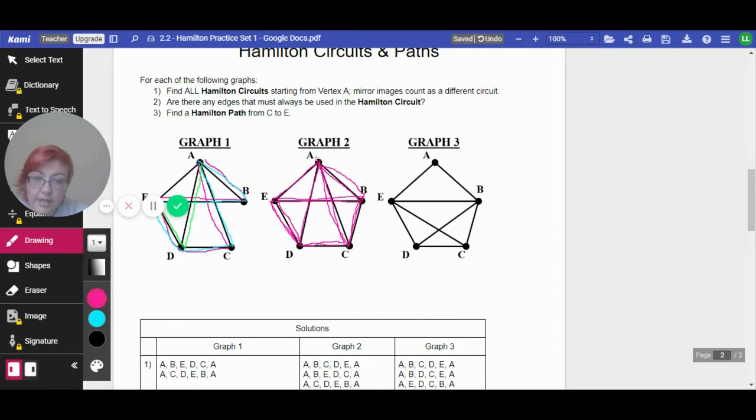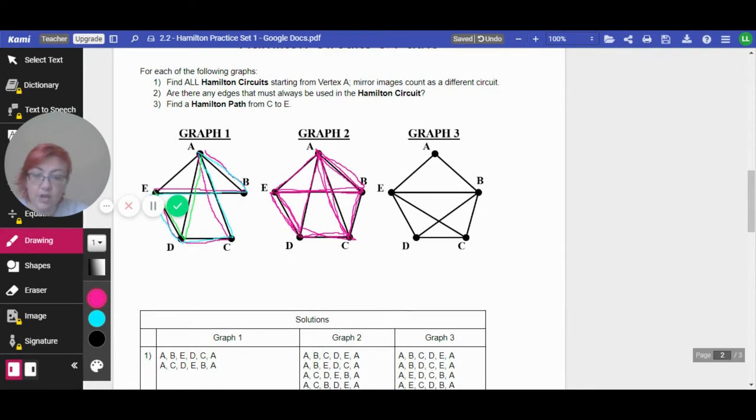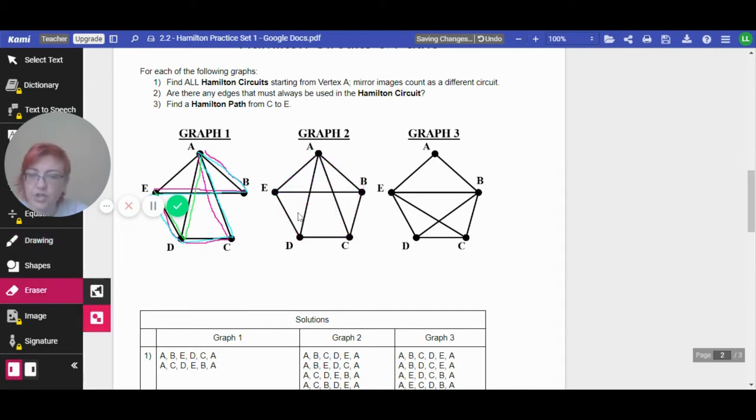And then A, B, E, D, C, A. That'll work. So we've got the two that go A, B, and there's two that go A, C. I should have done these in different colors. Let's see. Let's try that.